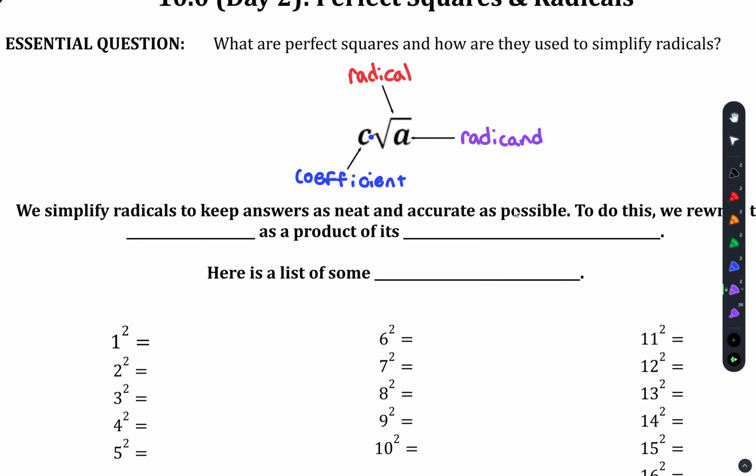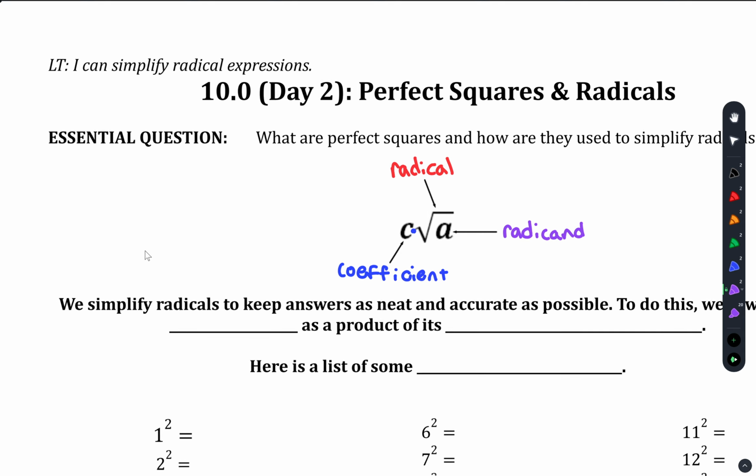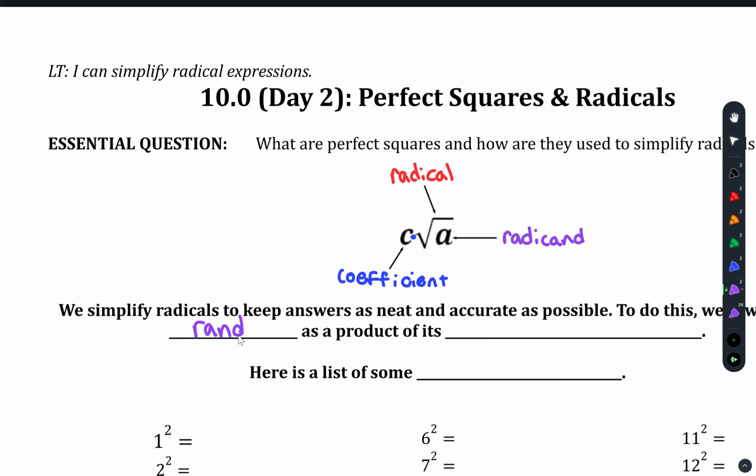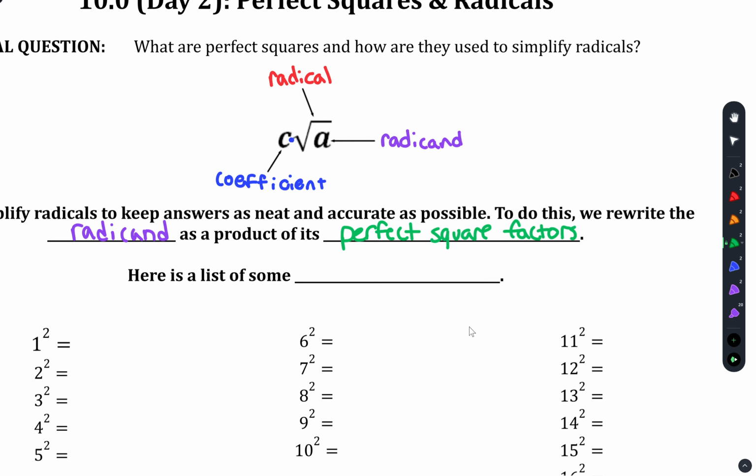In order to do this, we are going to rewrite the radicand, the thing on the inside of our radical, as a product of its perfect square factors. Those are the things we talked about yesterday. We did that with some numbers yesterday where we just looked at numbers and rewrote them as the product of their perfect square factors. Here is a list of some perfect squares.